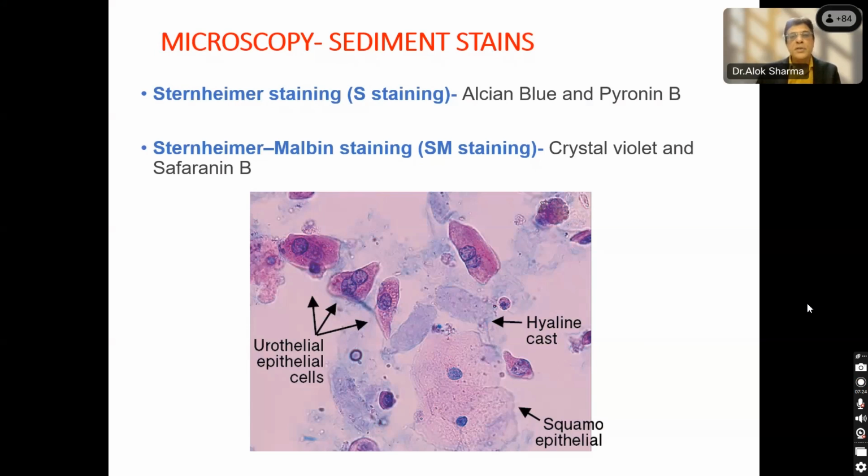You can see in the picture below the red cells, the urothelial cells, the hyaline casts, and squamous epithelial cells indicated by the arrow. So this gives different stain to the different characters and makes your examination slightly easier. Having said that, with adequate practice, even in an unstained section, you can easily visualize all these things, right?